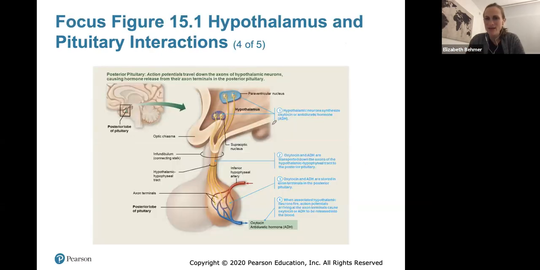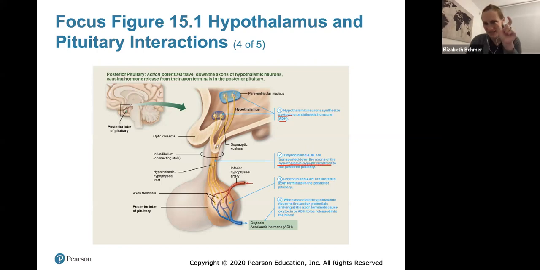So here we have this communication system between the hypothalamus and the posterior pituitary. The hypothalamic neurons will synthesize oxytocin or ADH. Again, those are the 2 hormones that are released by the posterior pituitary. Oxytocin and ADH will be transported down the axons of the hypothalamic hypophyseal tract.